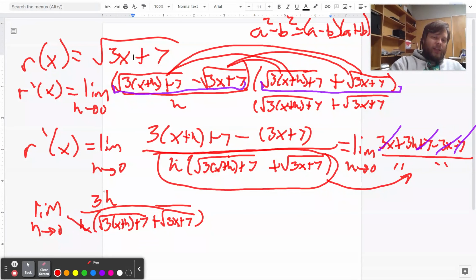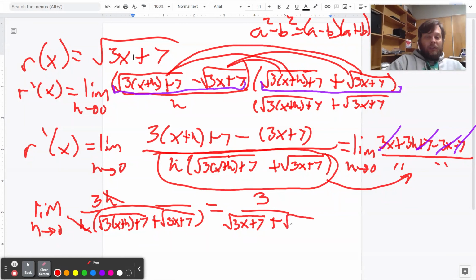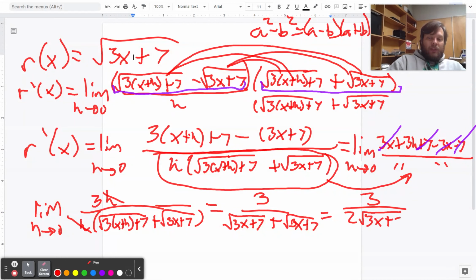I can cancel out the h's and plug in 0 for h. So now I have 3 over 3 times x plus 0, so just 3x, plus another copy of root 3x plus 7, which means I have 2 copies of root 3x plus 7.